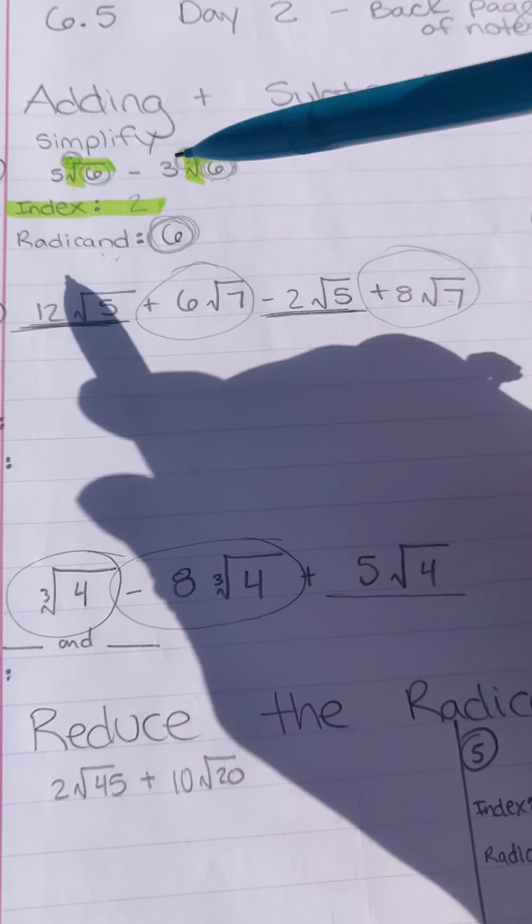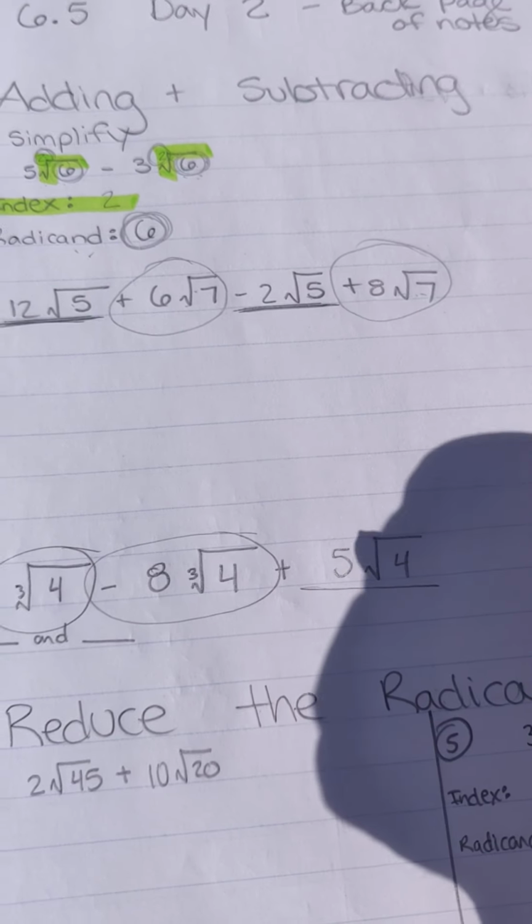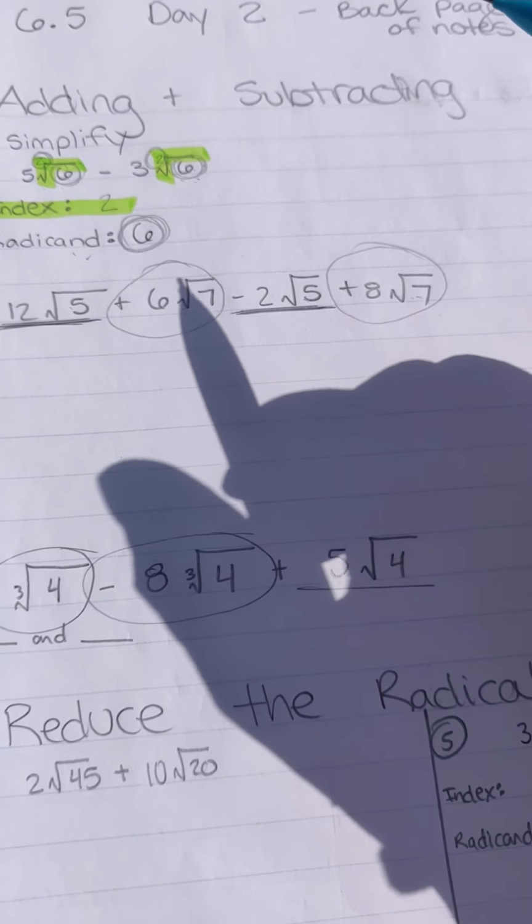Since we have 7s under the square root for both of those, those two are going to go together, and then these two are going to go together. These are like terms. They have the same number under the square root.